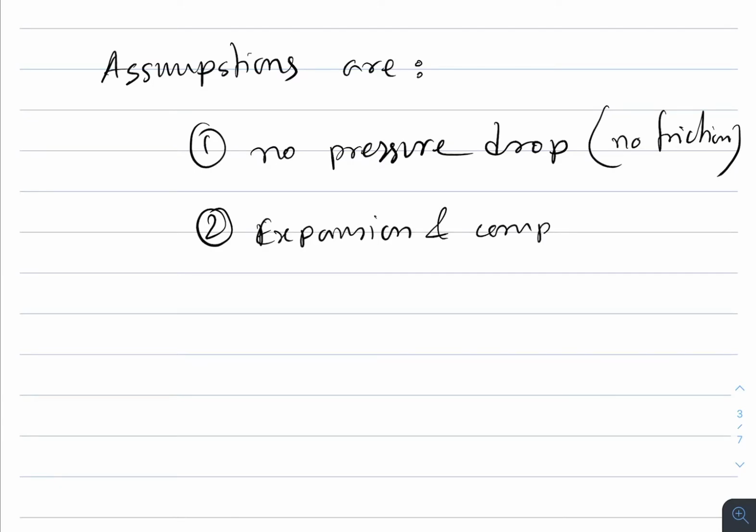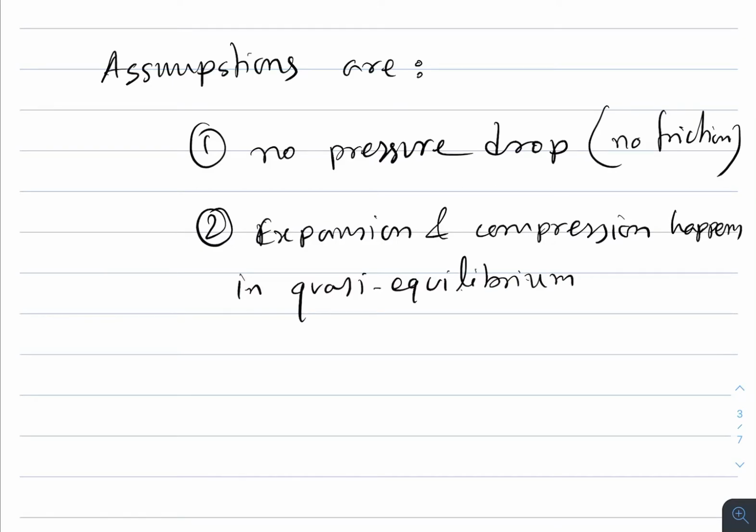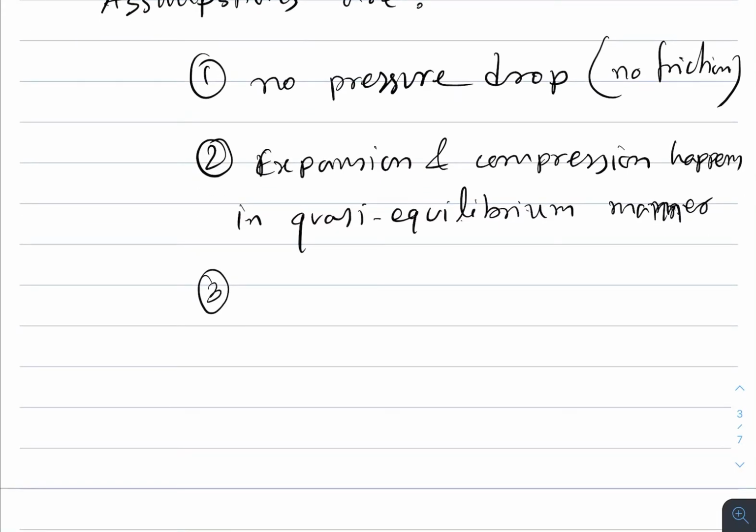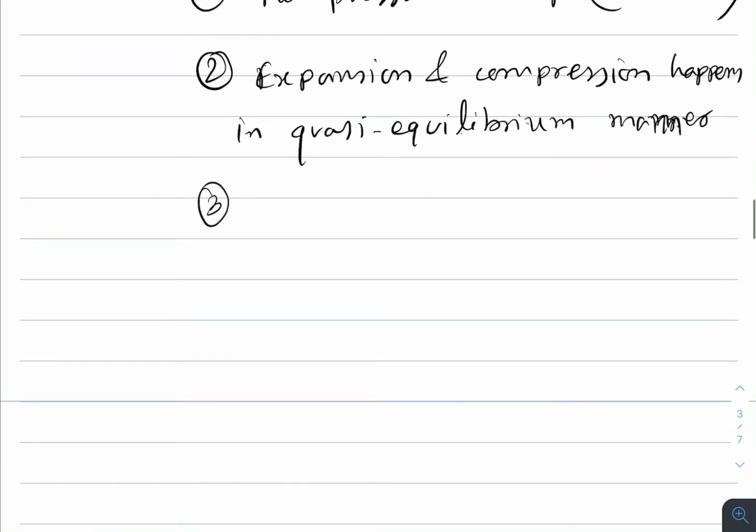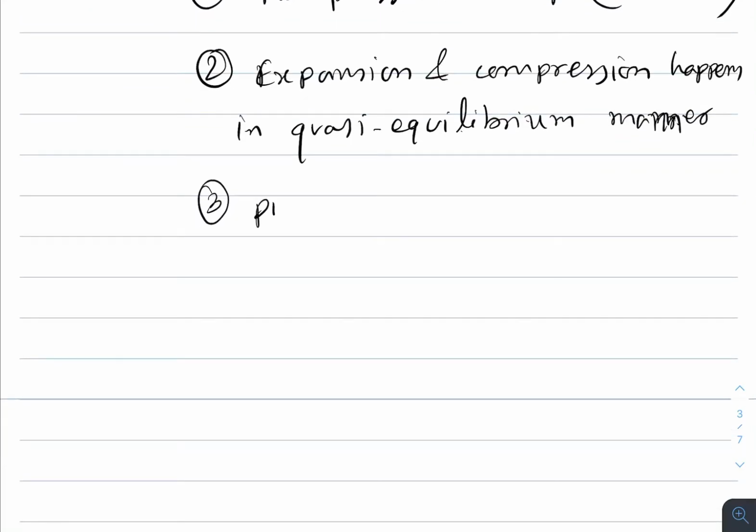Expansion and compression happen in a quasi-equilibrium manner. And number three is that all of the pipes connecting the devices, for example compressor, turbine, pump, all of those devices connected in a system, are perfectly insulated.